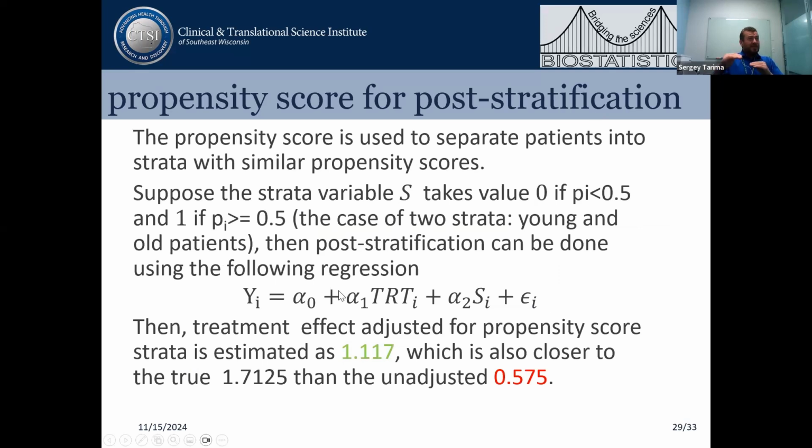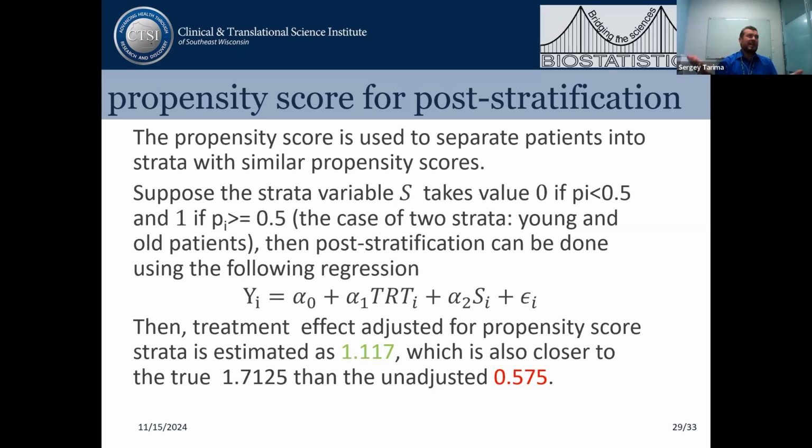Another possibility is to use the propensity score for post-stratification. In this case, we split our propensity score into different groups. We aggregate our patients by propensity score. If we have thousands of patients, you can create a 10% group, another 10% between 11 and 20%, and so on. Then we proceed with stratified analysis, which means we include the strata variable as one of the predictors in our model.